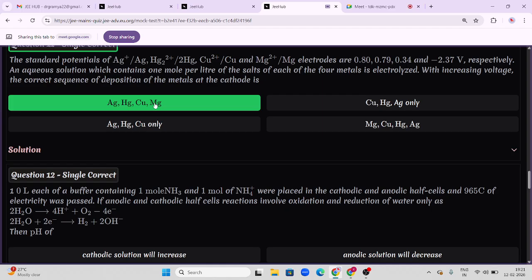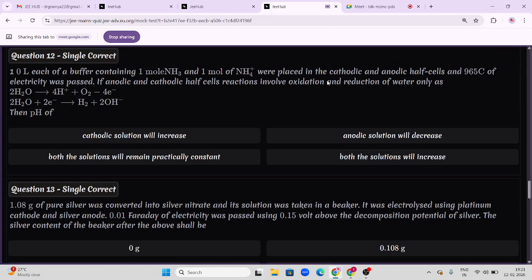It's not about getting reduced easily or not. We are just asking for the correct sequence. They missed magnesium here. Okay. Your patterning is right. More is the positive reduction potential, more is the reduction possibility or the deposition possibility. Okay. Yes.